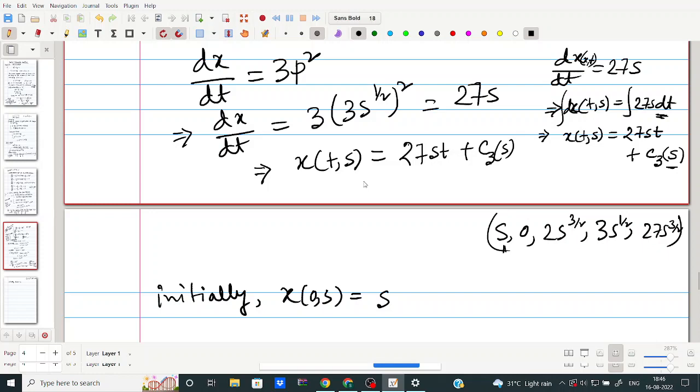So del z del x, del z del y, minus 1. Del z del x I am writing as p only. z means u, same thing. You can write z or you can write u. Okay, so any other question you have?